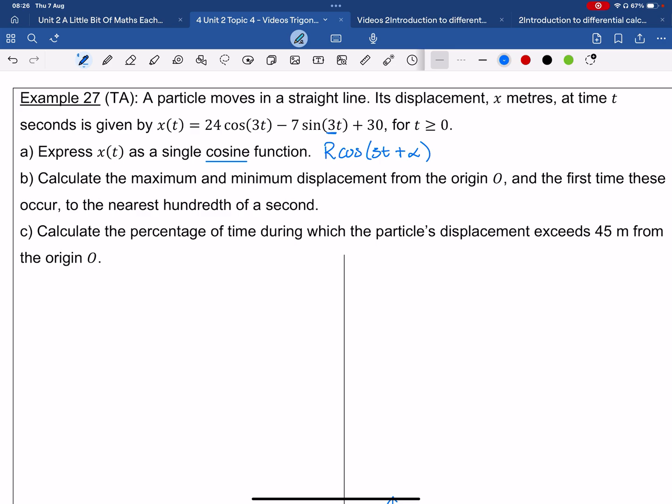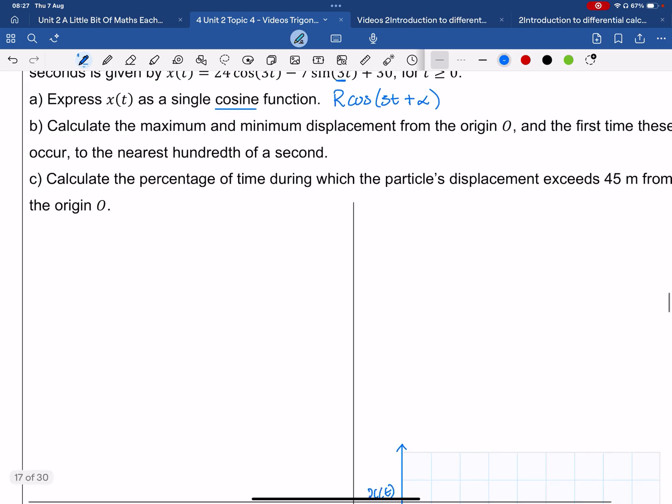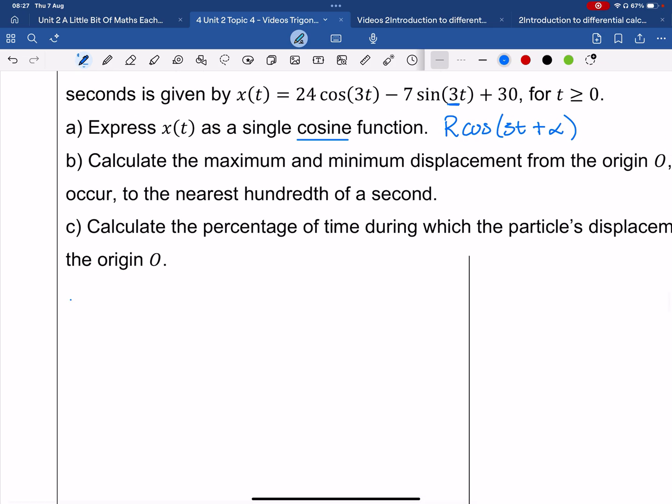Okay, so I'm selecting my single cosine value. I know I'm going to have a different amplitude, and I'm going to have a phase shift of alpha from this 3t that I've got. Now if I'm going to go with a cos of a plus b, I'm going to need to use one of my identities. Okay, so let's start.